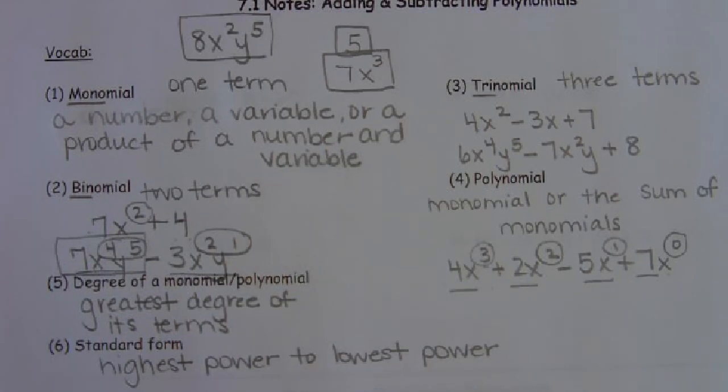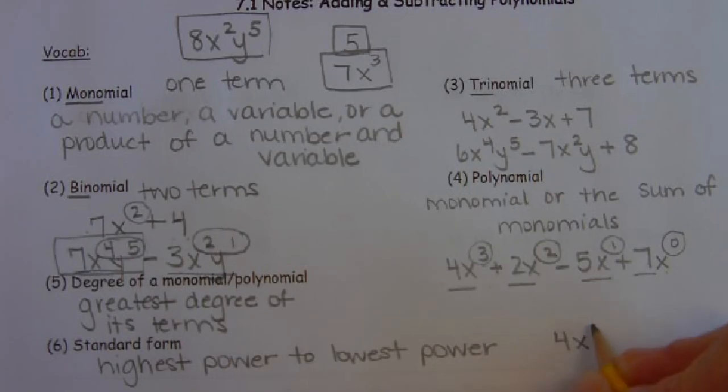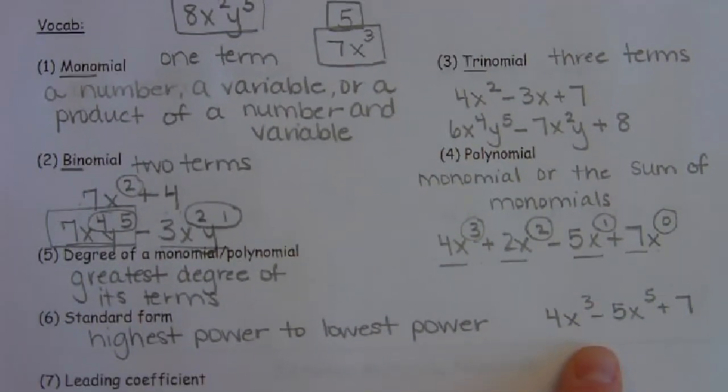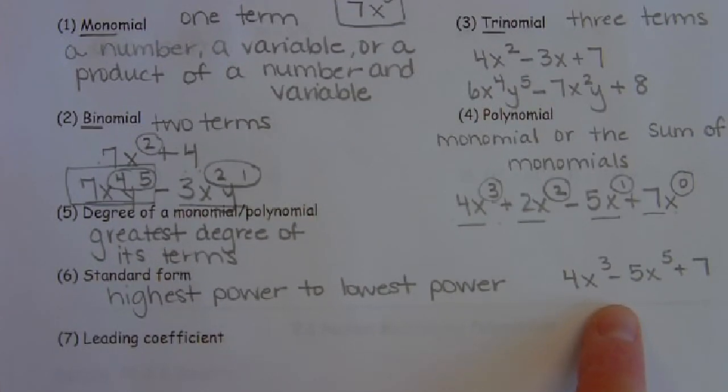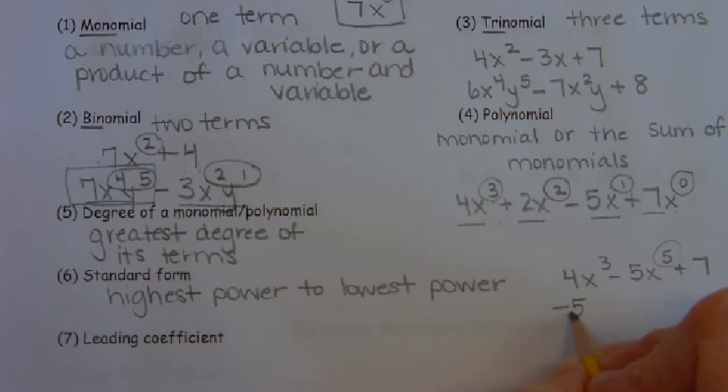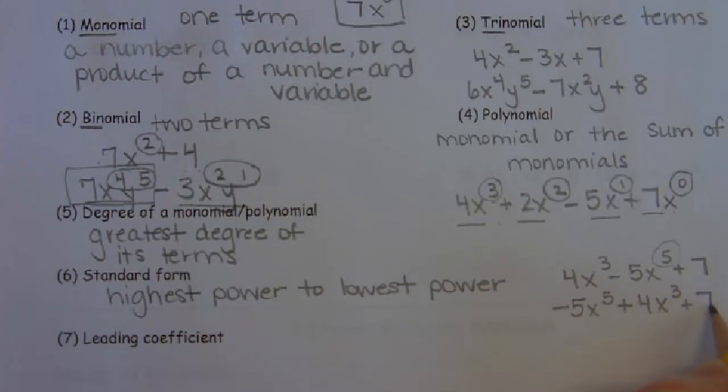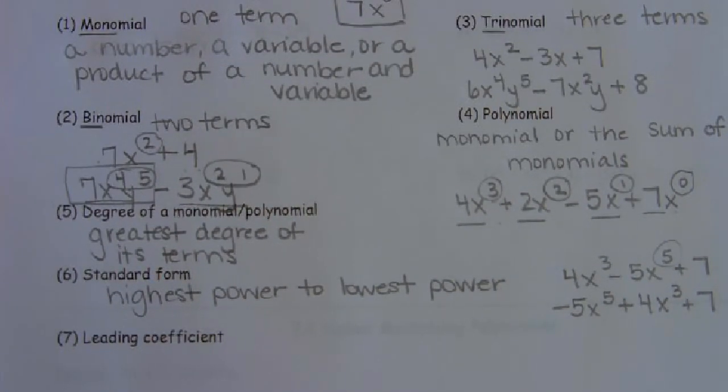That is in standard form. This would be something that would not be in standard form, but you can always rewrite it to get it in standard form. My highest power is 5. I would put that piece first. Then my next highest power would be 3, and then I keep my constant, my 7, at the end.